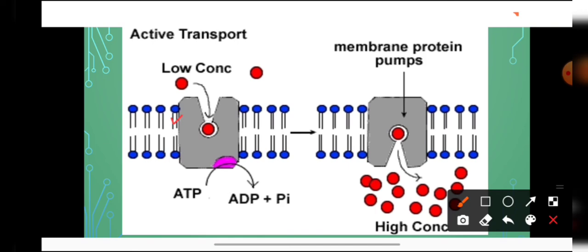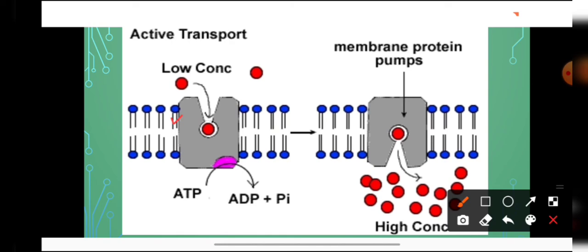Once the carrier protein binds with the substance, then on the inner side it will combine with the ATP and get energized. When the carrier protein gets energized, it will undergo a conformational change, and in this way the transport of material will take place within the cell.